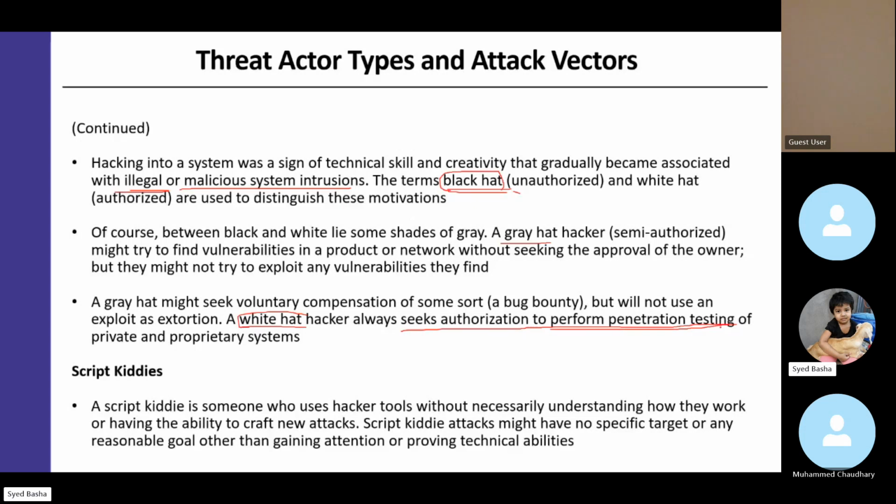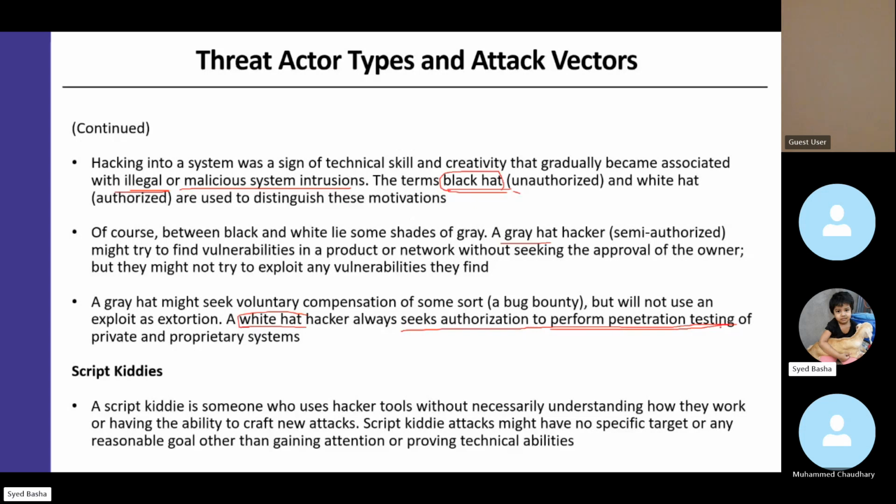You keep your security controls and security administrators aside and tell them, be quiet for some time, I am bringing this gentleman to test our network internally. The white hat hacker is given permission and authorization to attack the network internally. That is what we call a white hat hacker.